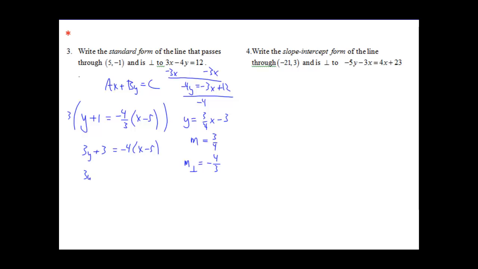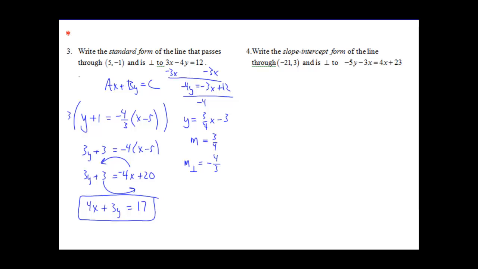Distribute, so 3y plus 3 equals negative 4x plus 20. Let's move this x over. Let's subtract a 3 over. So 4x plus 3y equals 20 minus 3, which is 17. We are now in standard form. 4x plus 3y equals 17.